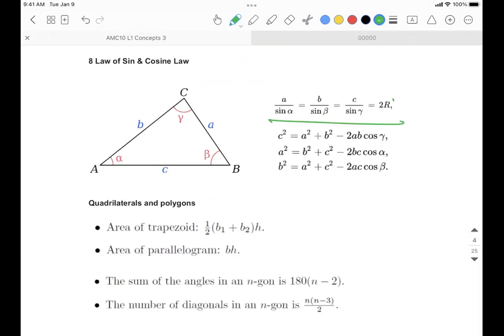What is this R? Do you guys know what this R stands for? Okay, tell me.